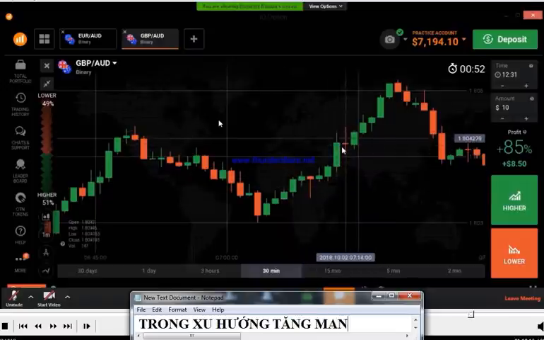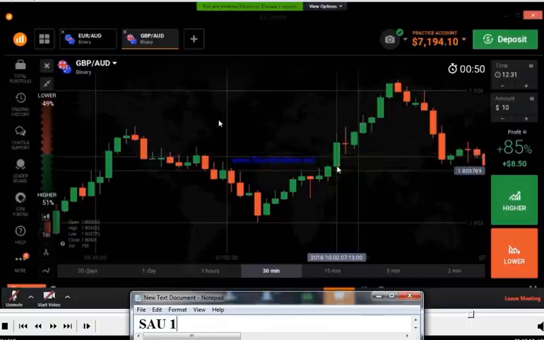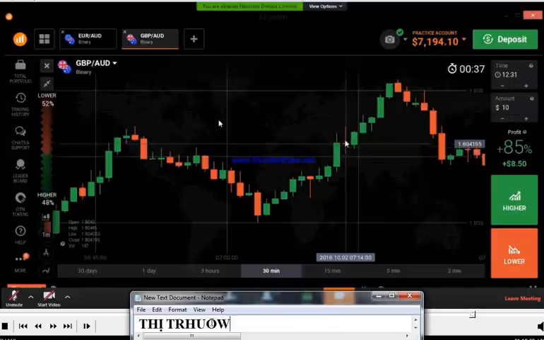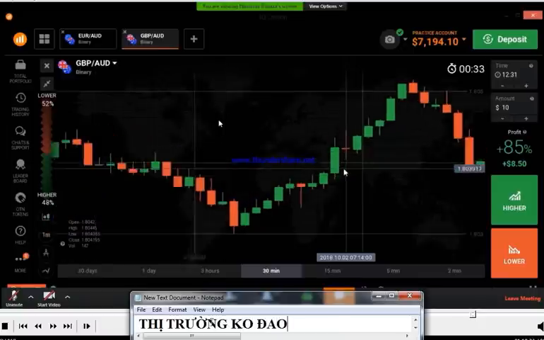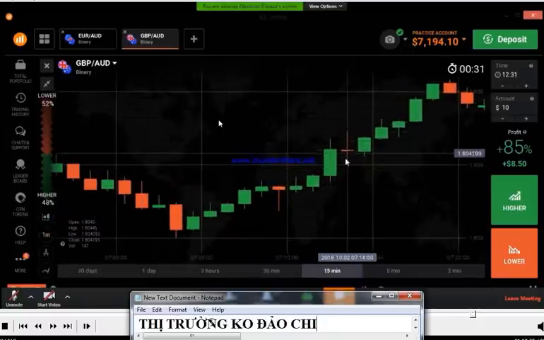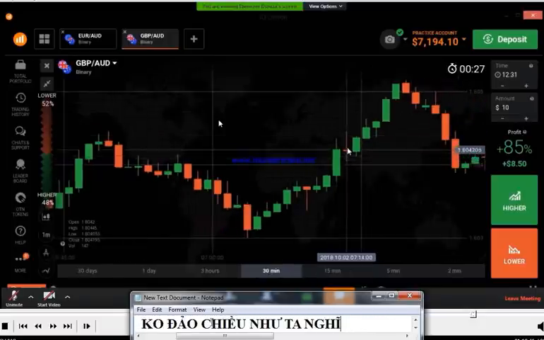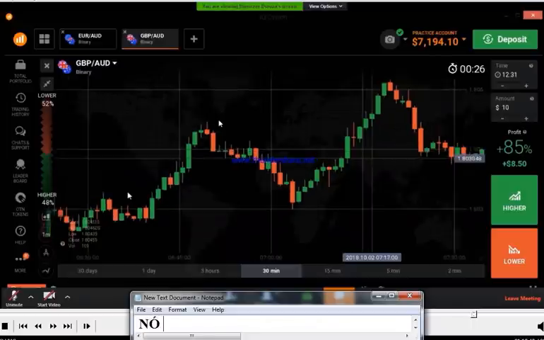After the spinning top, buyers will enter because this is a very strong candle and this candle is a very weak bearish candle. It means there are not enough sellers. That's why it formed as a doji candlestick. If this candle closes as a bearish candle, it means there are some strong sellers, right?